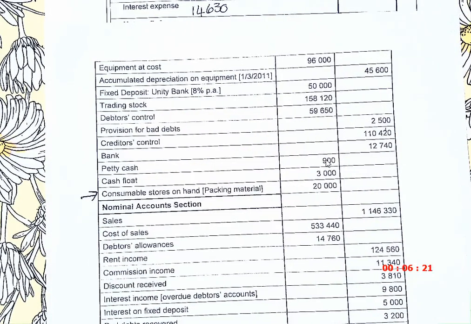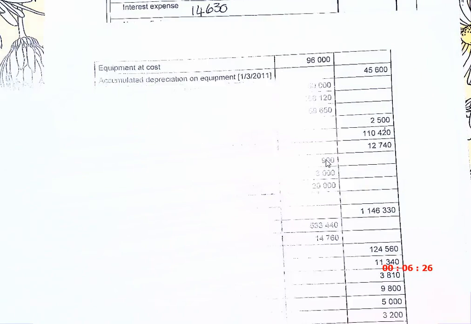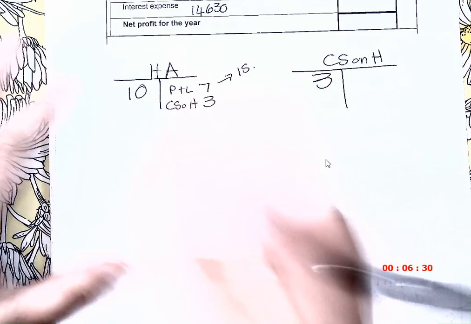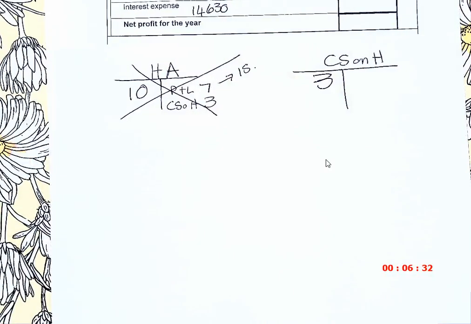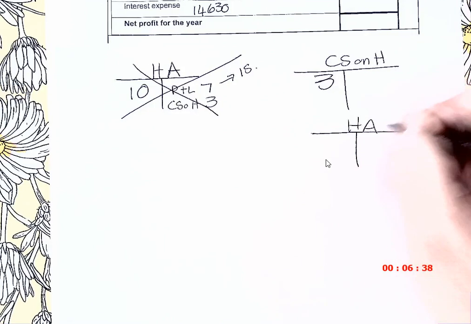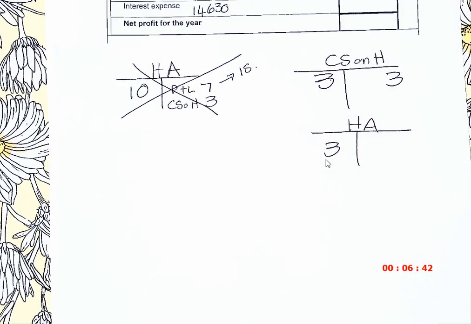So can you see 20, 20. So what is the reversing? So this year is now gone. Okay? Now I go to the new year. Now I'm going to take that consumables and put it back into the Handy Andy so that I can use it. Okay, does that make sense? Yeah.